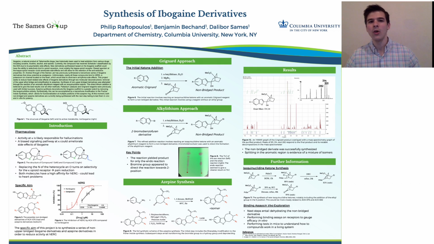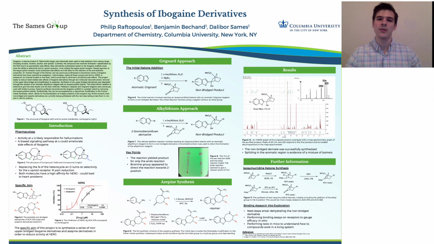The goal would be to create a magnesium bromide at the 2 position. Then we directly added an isoquinoline ketone to this aromatic Grignard, and what we thought would happen was that the benzofuran would do an addition to the ketone, and it would create this non-bridged product.